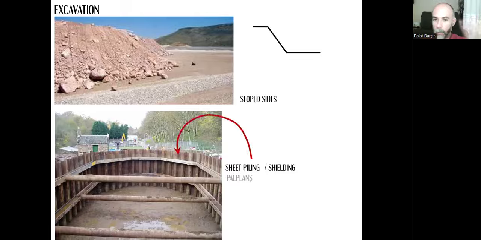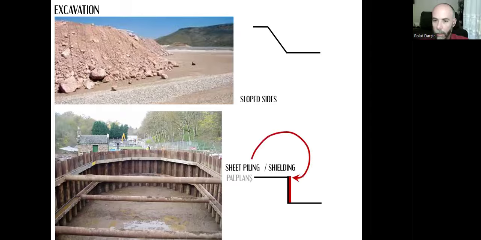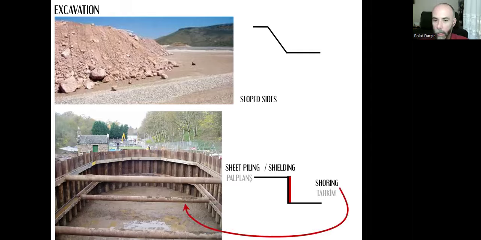That's creating some sort of wall that can resist the loads of the earth. That's sheet piling. And in order to support the sheet piling, we can have shoring, or tahkim. And these can be horizontal or inclined shores, like that.